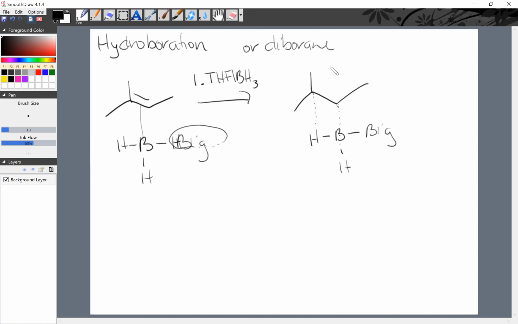So the pi bond is going to break, and it is going to make the boron square. Okay, so if you'll picture, there's a square right there. Okay, so there's the first attachment. And the reason this works is this will go to the less sterically hindered side.